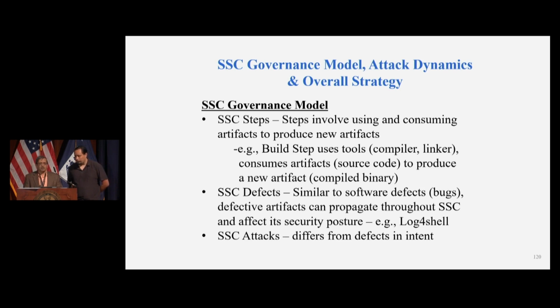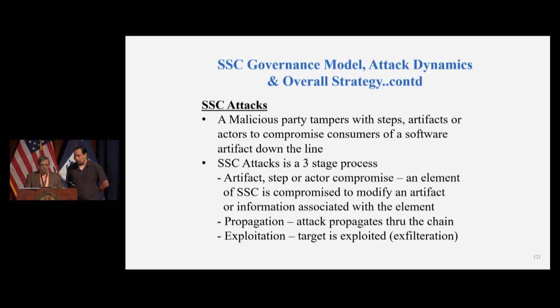Based upon the intent, we decided to classify what are known as software supply chain defects and software supply chain attacks. With defects, anytime a defect is introduced, it gets propagated automatically, shows up in the end product, and decides the security profile of the end product. What is different in attacks is that they are quite intentional. A specific step is being compromised.